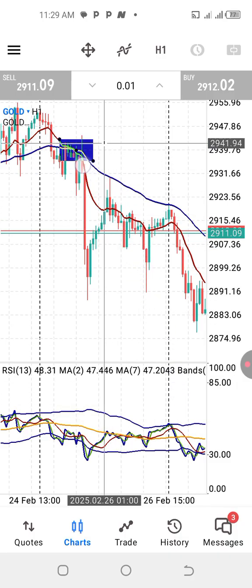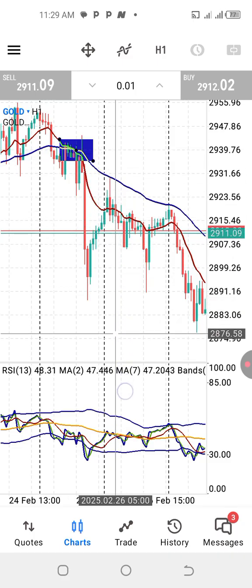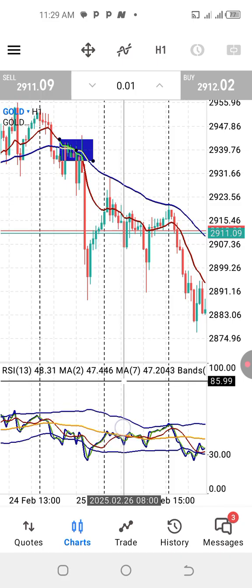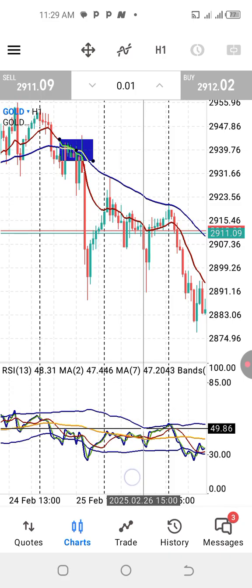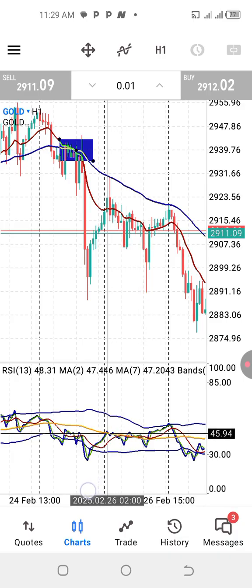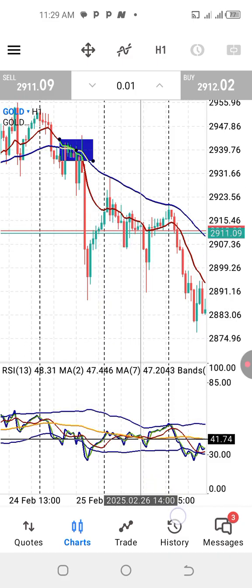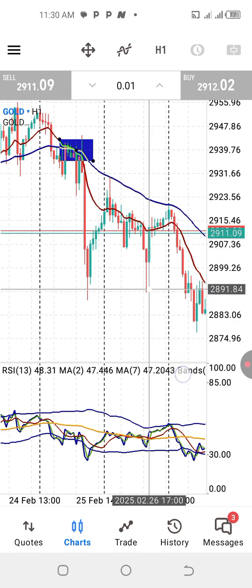Then the second confirmation, the blue RSI has to cross the orange one to the downside, or the upper Bollinger Band to the downside. So here there was a crossover. So it was our first entry. Then the second entry was right here. There was another crossover. Look, I would have entered right here and I am right in the profit.